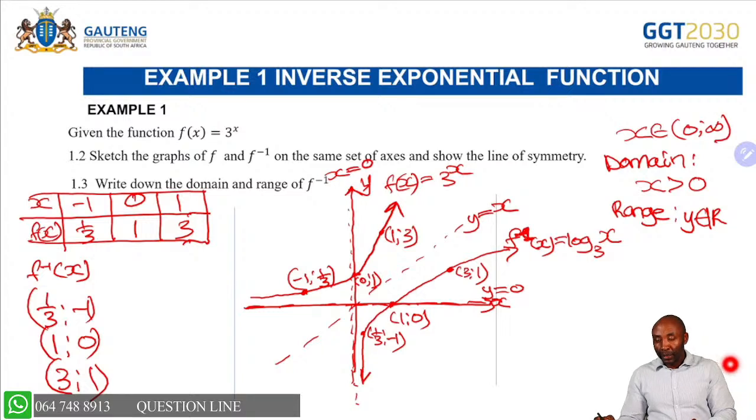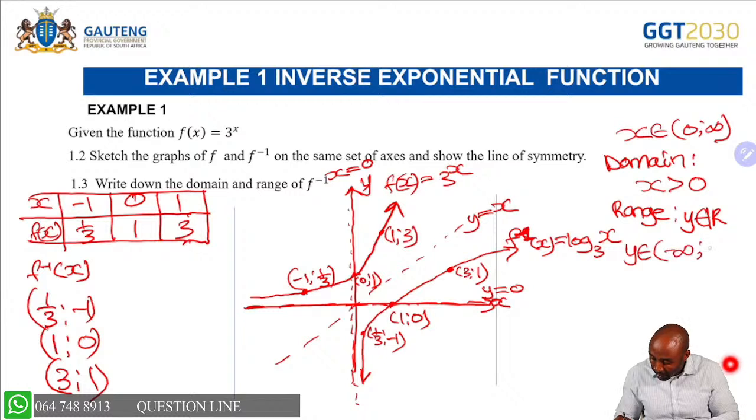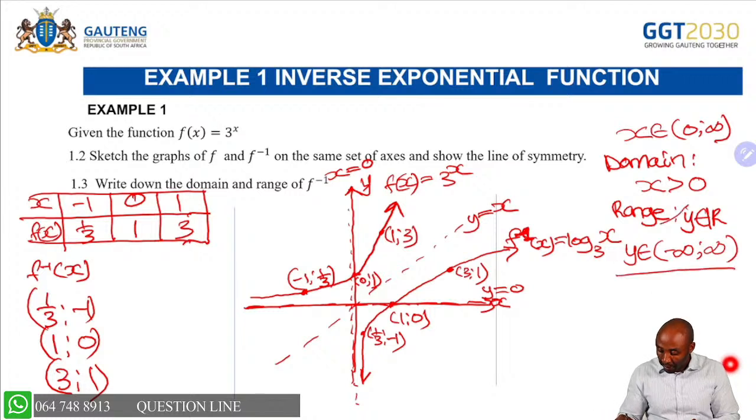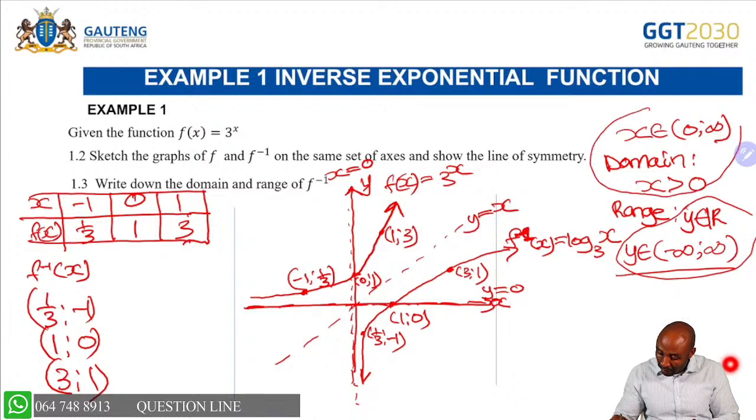We can't include infinity, hence we use the curved brackets. For our range, y is an element from negative infinity to positive infinity. So this is the same as that, and that one will represent the domain.